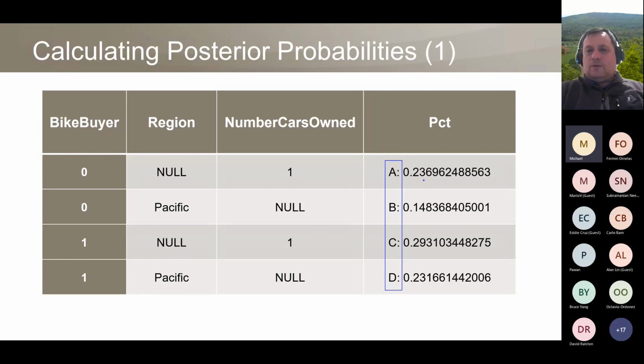So we have 23.7% of people with a single car for non-buyers, and for non-buyers we have 14% of people and 15% from Pacific. For buyers, we have 29% of people with a single car and 23% of people from Pacific region. These are likelihoods. These are terms A, B, C, D.